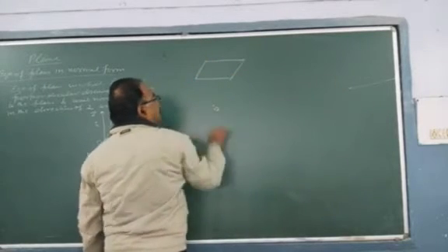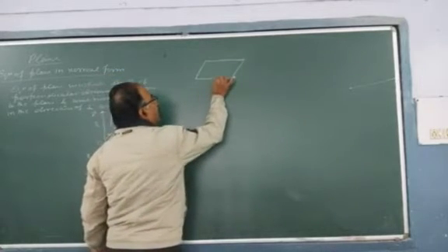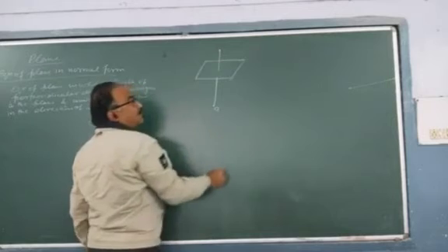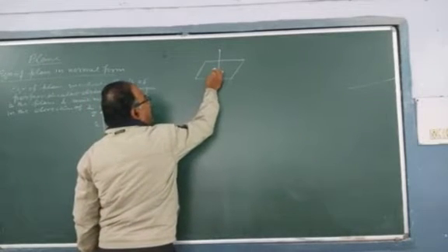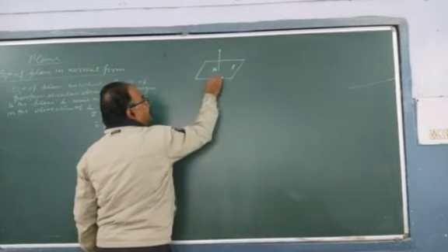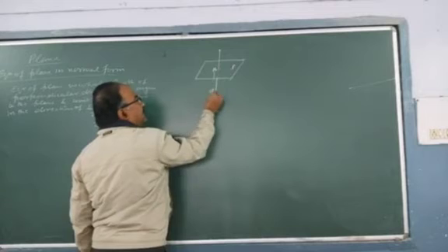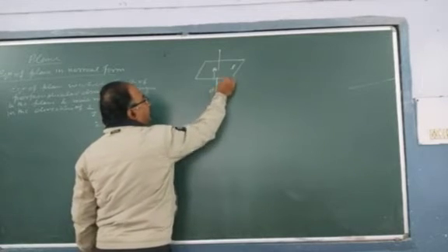Now this is the origin, and this is the perpendicular OA drawn on the plane, and another point P I consider. Its distance from this point to this point is d, and the unit normal vector is n cap.